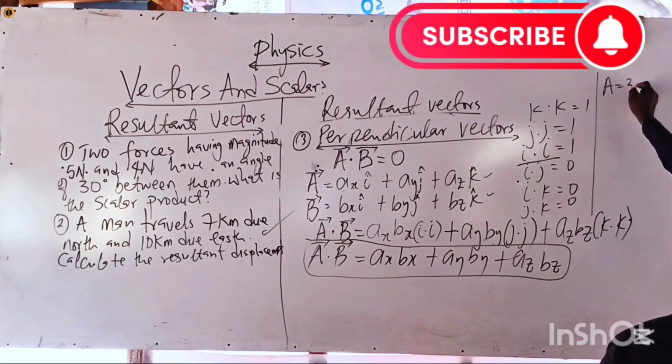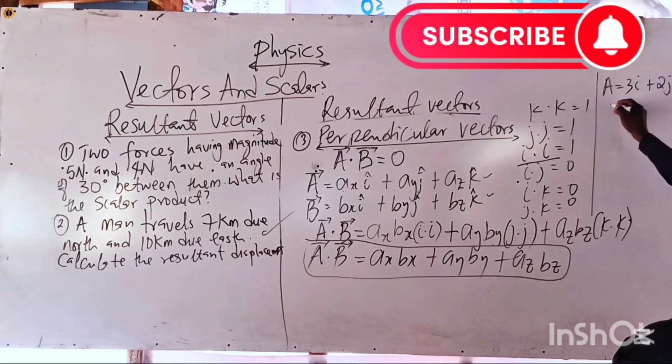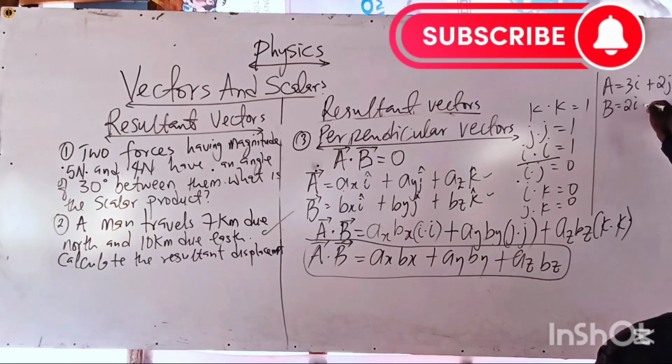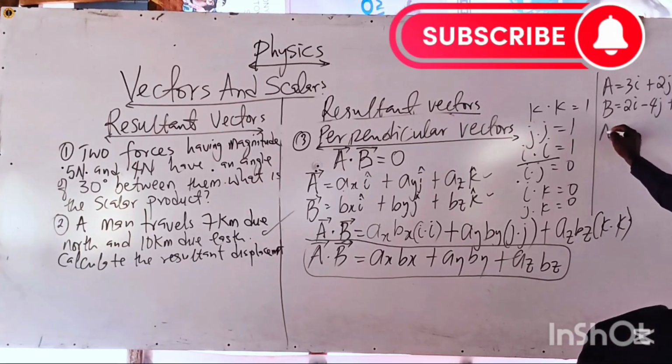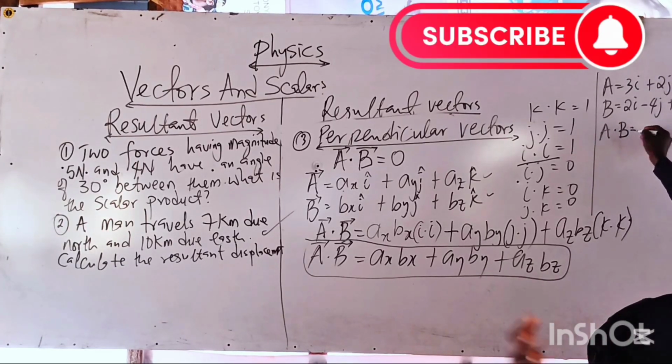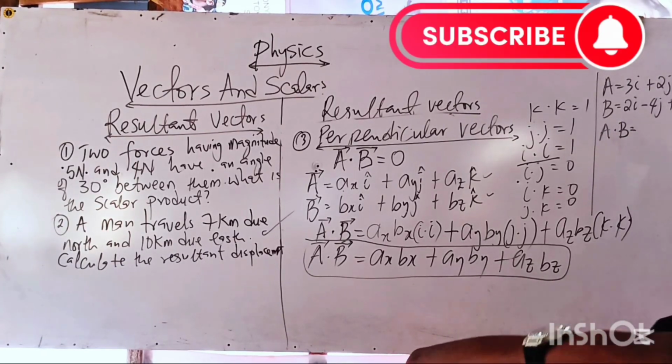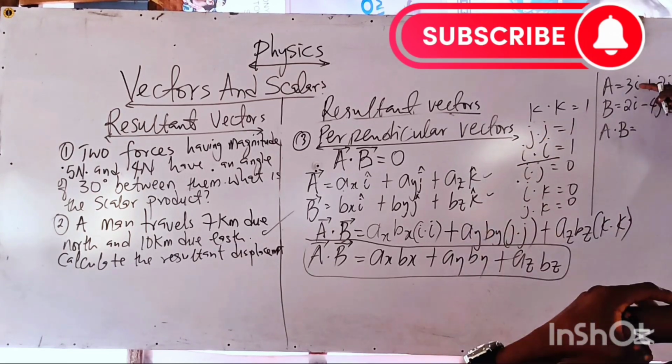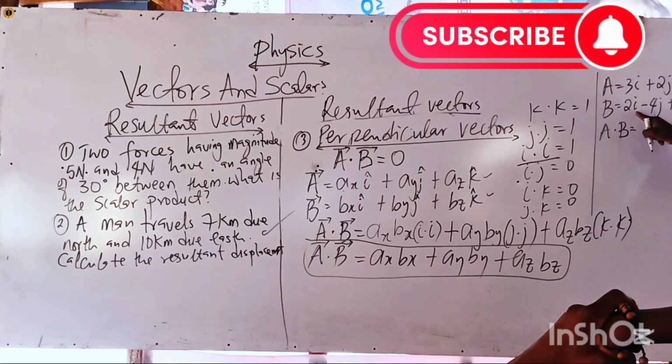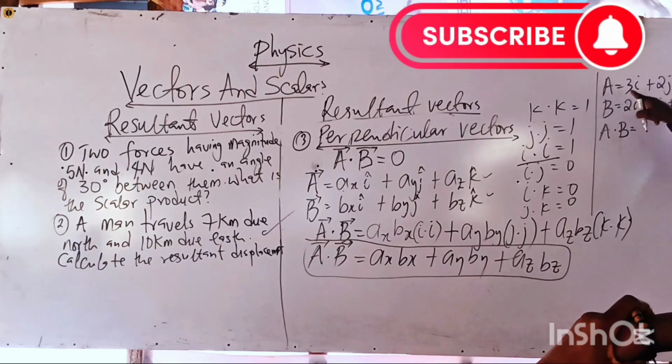If A is equal to 3I plus 2J minus 5K, and B is equal to 2I minus 4J plus K, find A dot B. Can you tell me the answer? What will you do? 3I, 2I is here, so 3 times 2 will give me 6. I dot I is 1.